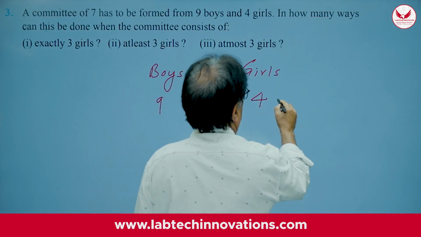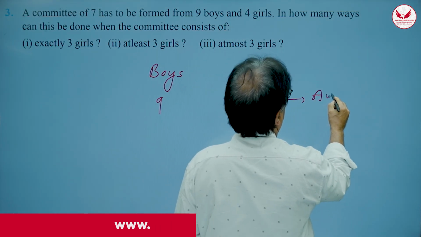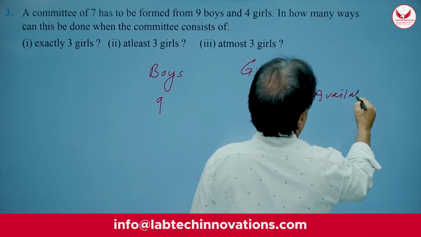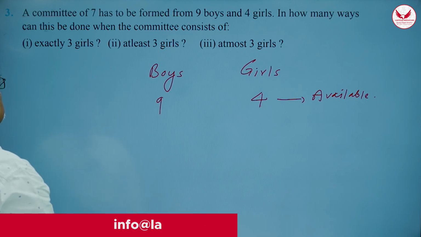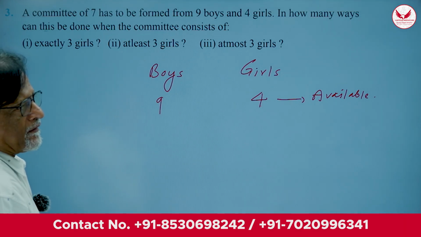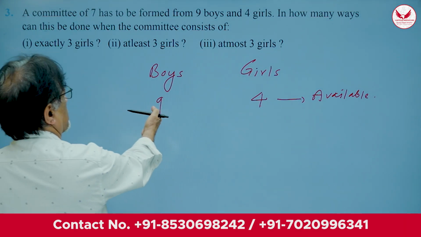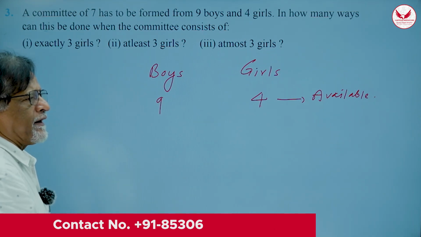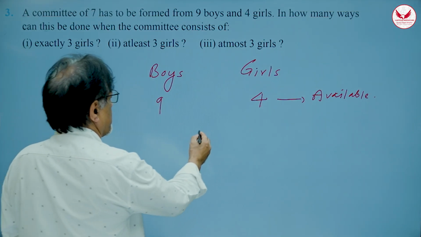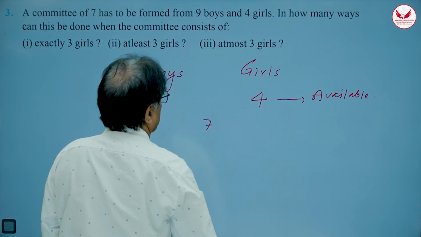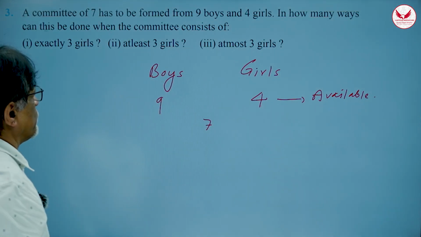This many boys and girls are available. But I don't want all of them. I want to create a committee which does not contain all. That means 9 plus 4, 13 objects are not required at all. We want only 7 people, right? So we want to select 7 out of 9 boys and 4 girls.